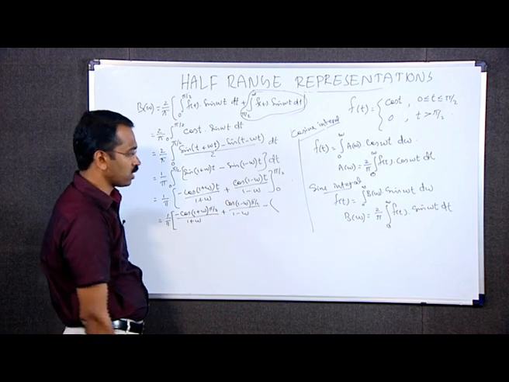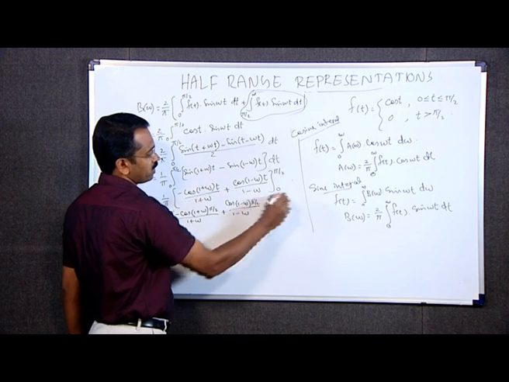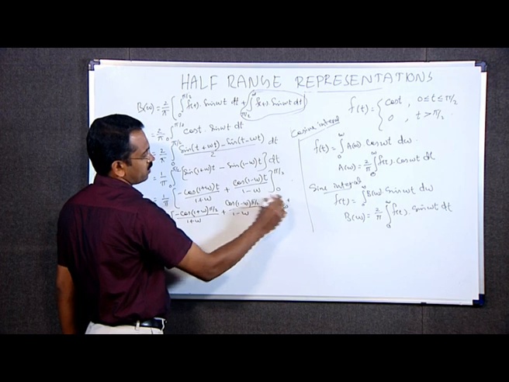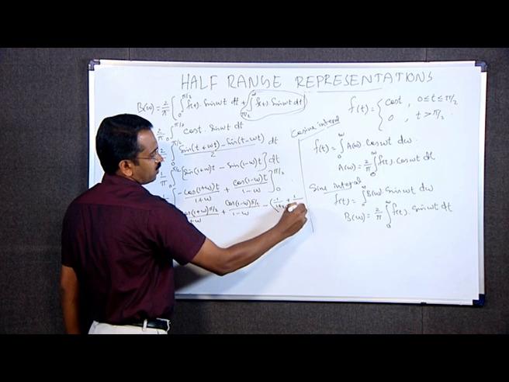Cos 0 is 1, therefore we get minus 1 divided by (1 plus omega) plus, here cos 0 means 1 divided by (1 minus omega).